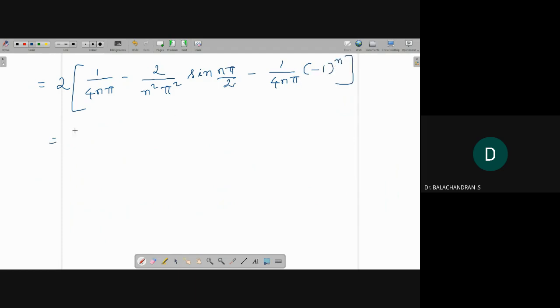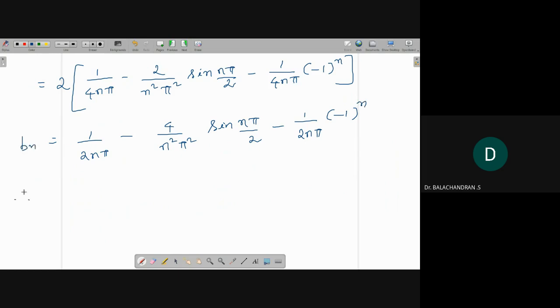So throughout multiply by 2, you'll get 1 by 2 n pi minus 4 by n square pi square into sine n pi by 2 minus 1 by 2 n pi into minus 1 whole power n. So this is actually Bn.